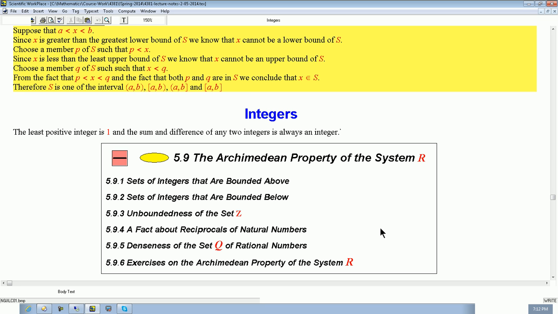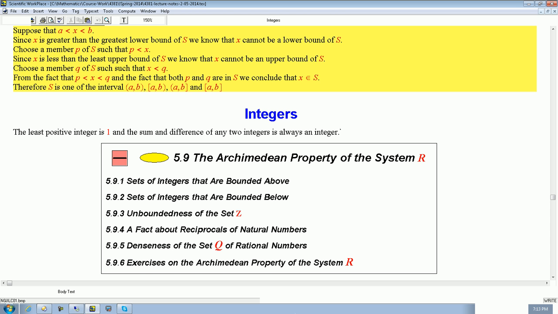You can find a 1-1 function from the one onto the other that preserves absolutely everything. They might as well be the same system. But in a field that is complete, the set of integers will never be bounded above. So your intuition about the number system is correct for the number system, but I want you to know that it uses the completeness.